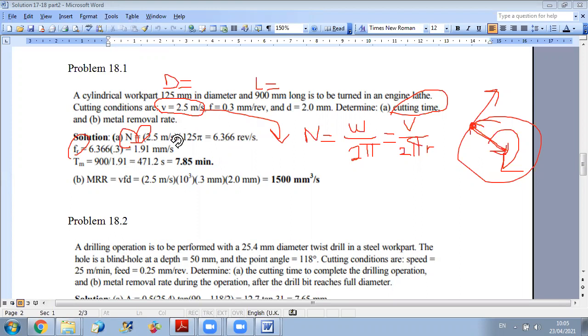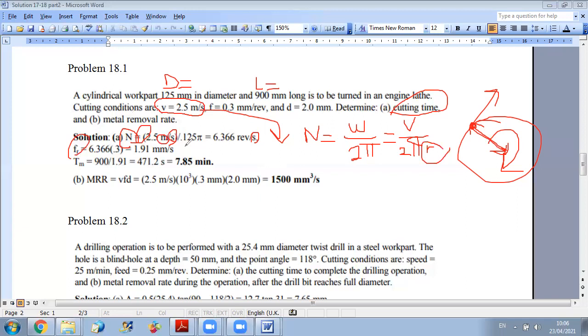So in case we use meters in V, the same unit should be used in D or R. And the time unit used for velocity will be the corresponding time unit for N. So when V is in meter per second and D in meters, then we will get that the rotational value N will be in revolution per second.